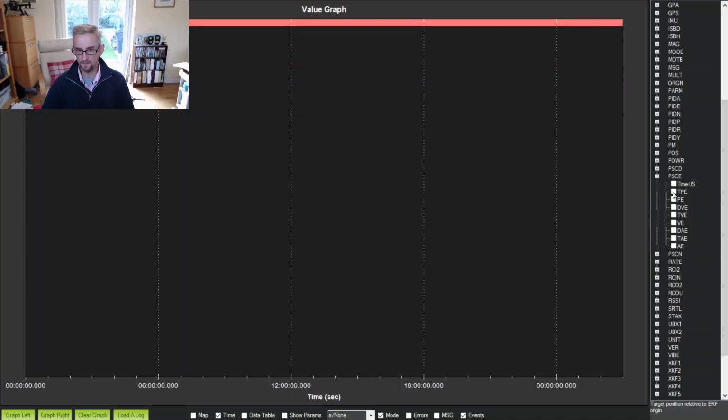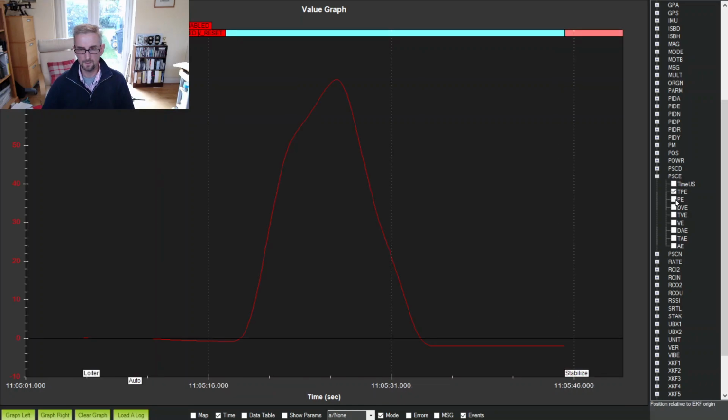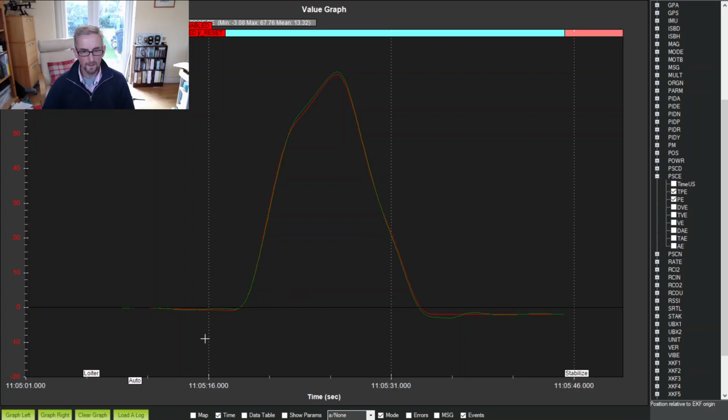So if I look first at the target position and the actual position, and our first waypoint is probably here, where the position starts changing. And you can see that the positions track fairly closely, so that's good. So it means we're actually going in the right direction.